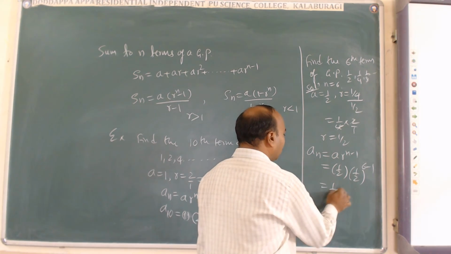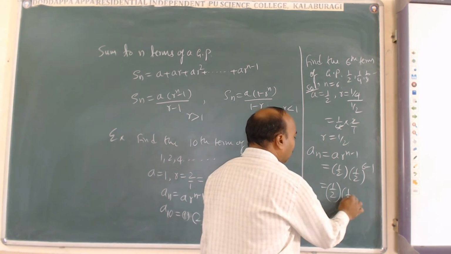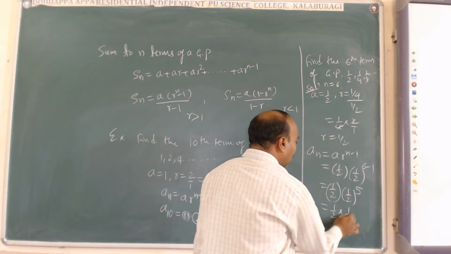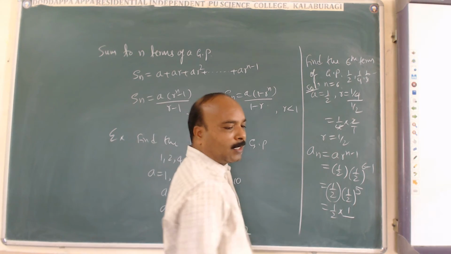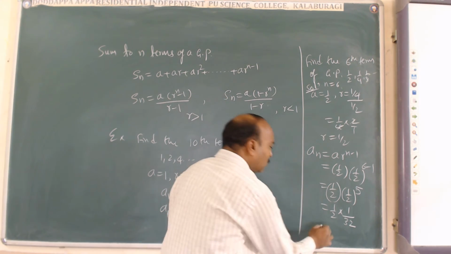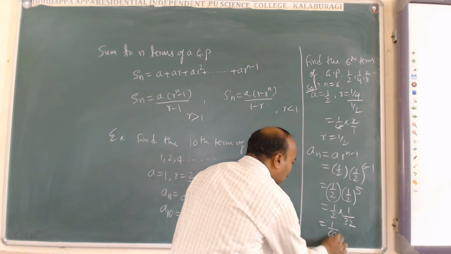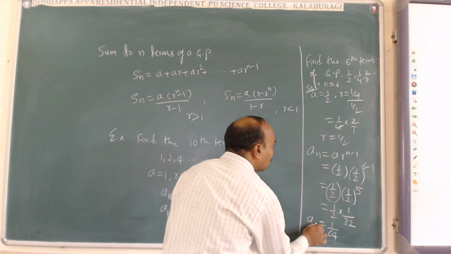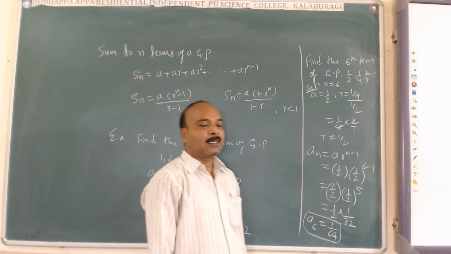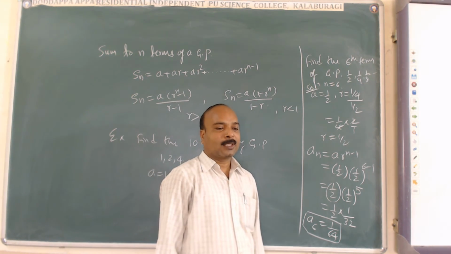We get 1 by 2 into 1 by 2 raised to 5. Now 2 is multiplied 5 times, it is 32. So it is 1 divided by 64. Therefore a6 equal to 1 divided by 64. It is the sixth term of the geometric progression.